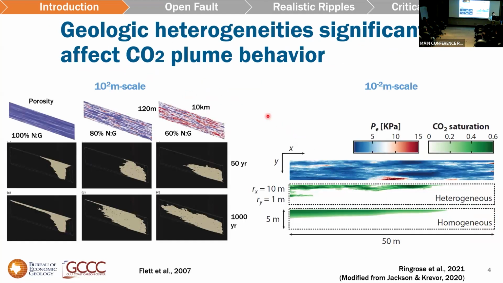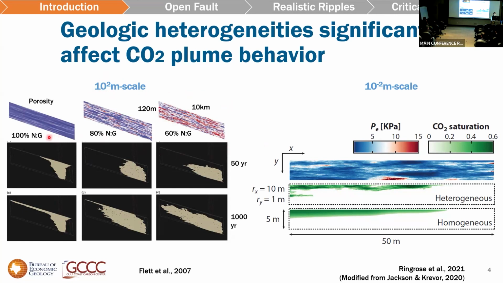And like I mentioned, when the pressure-driven force is not important, we start to really see the impact of geologic heterogeneities on CO2 plume migration behavior, as can be seen in these two simulation studies. So here we have heterogeneities on the hundreds of meter scale. So these are interbedded sand and shale.